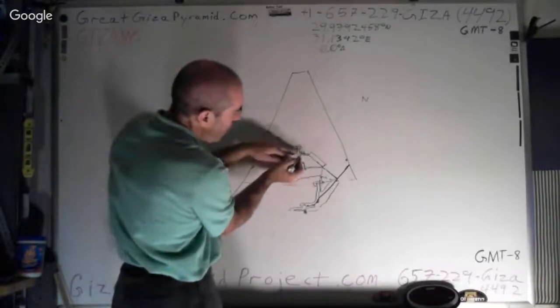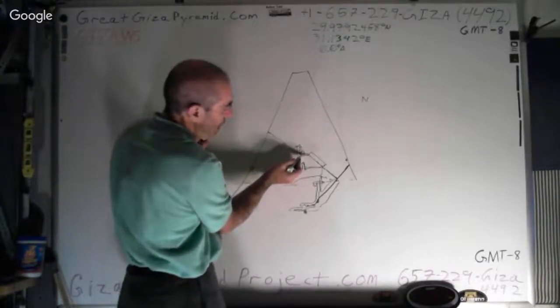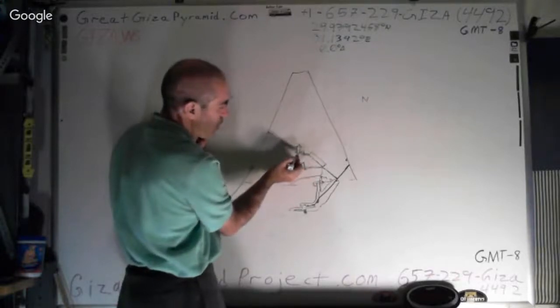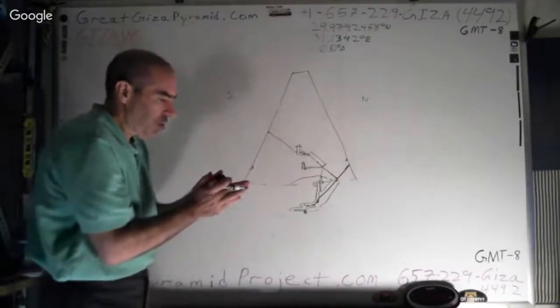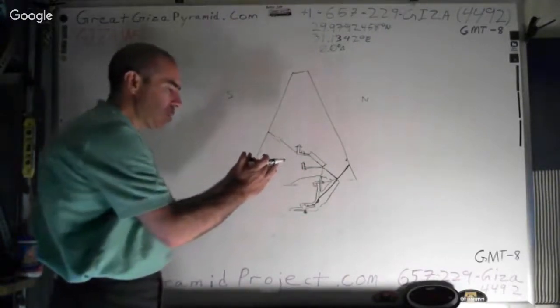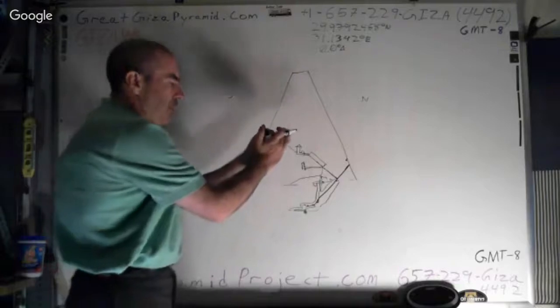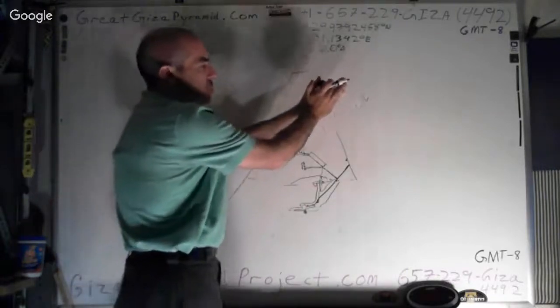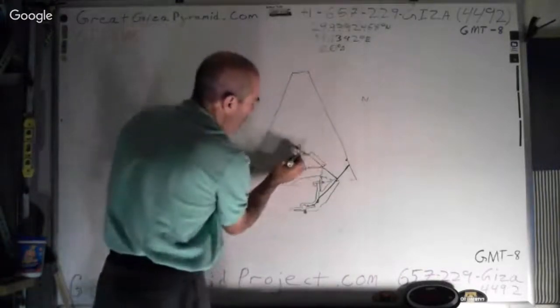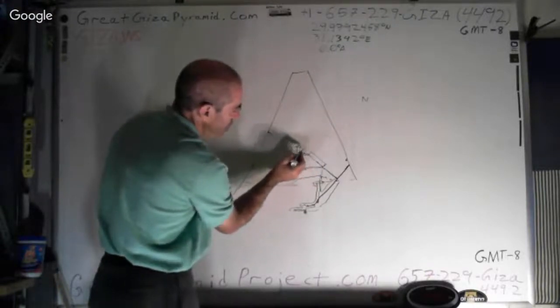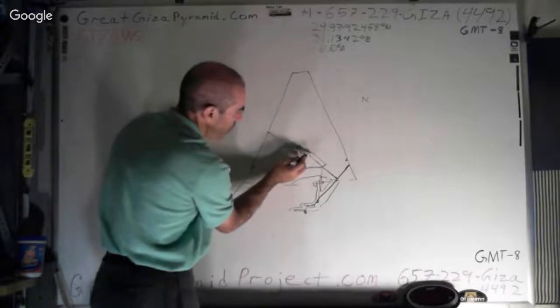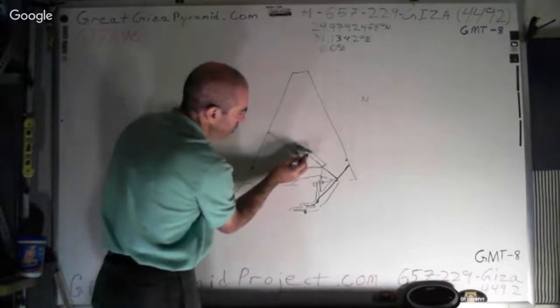It goes about a third of the way into what they like to call the antechamber, the pre-chamber to the King's Chamber, and then it curves and starts to protrude up, and then straightens back out as it continues to protrude up and goes up to, if I had drawn this properly, it comes up and it pierces here through that.